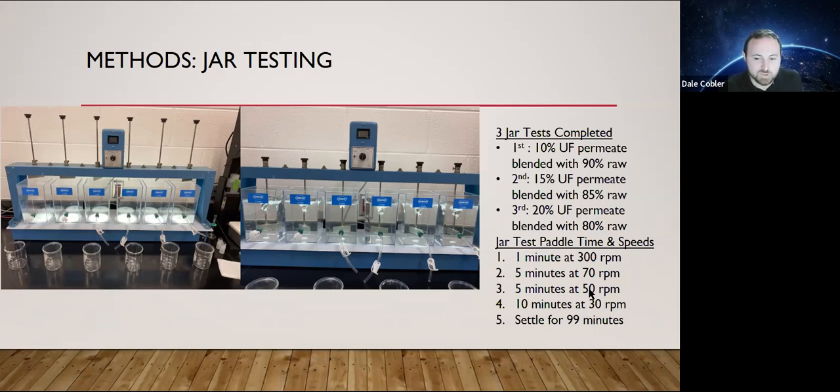So 10, 15, and 20% permeate blended with raw water was selected for the jar test experiments to best represent the operational conditions in the water treatment plant. Currently the 1st stage membranes are not operating mixers, so I was not able to mimic those conditions perfectly in this experiment, but this could be put into action.